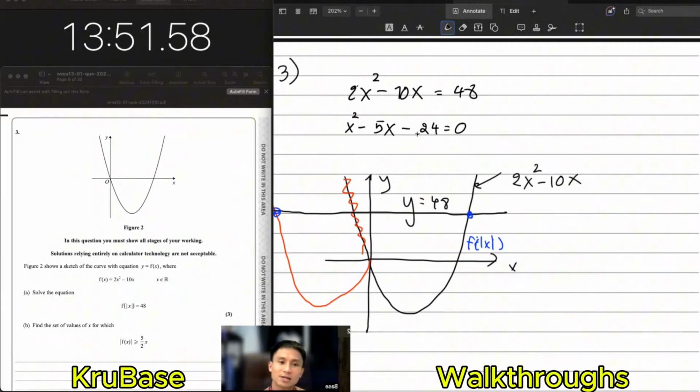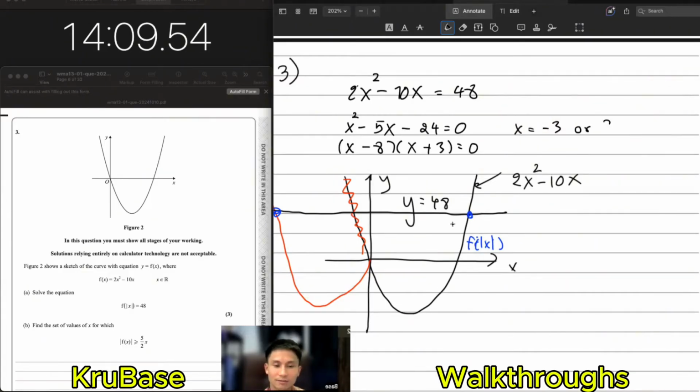Okay, can I use 4, 6? No. 3, 8. Yeah, so I can do (x minus 8)(x plus 3) to factorize that. So that means I get x equals minus 3 or 8. Well, that seems to me like this is going to be 8, right, guys? Because minus 3 is on the negative side.